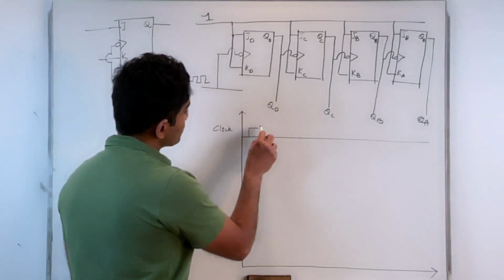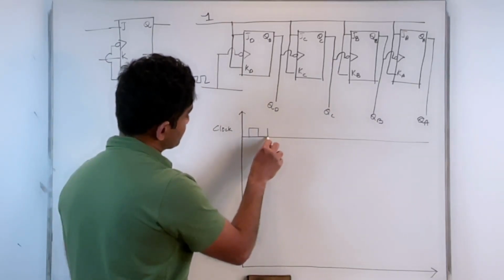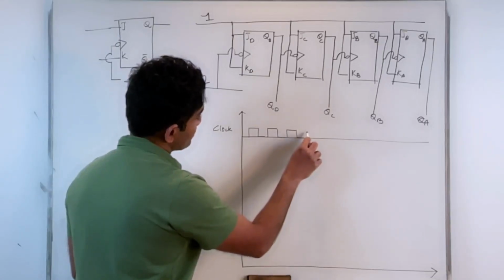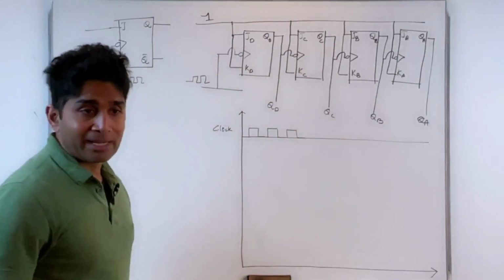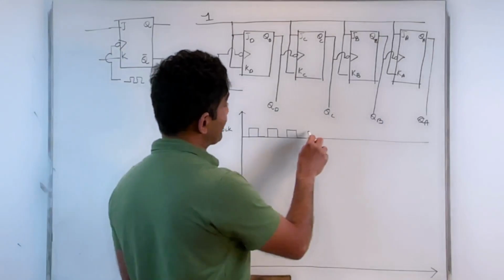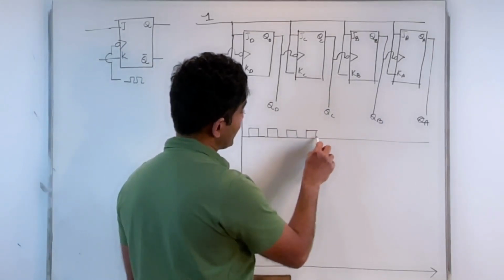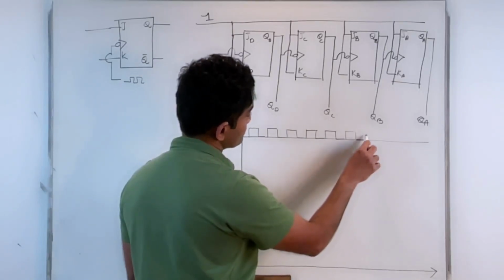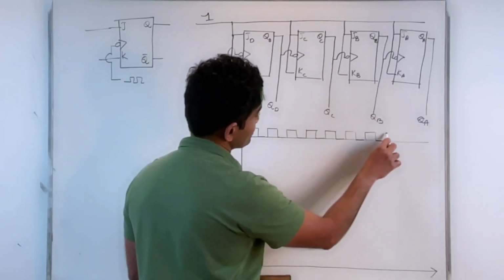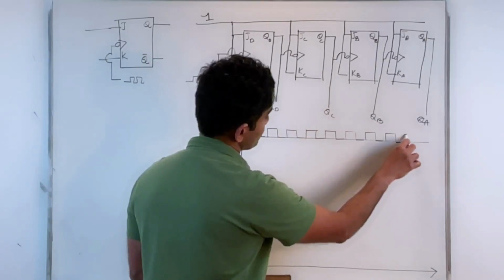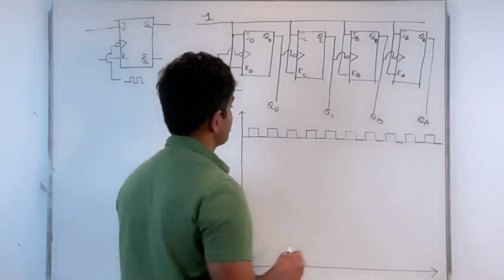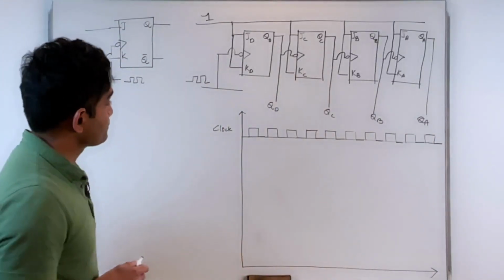So I start with this clock, the master clock. Identify the active edges. That's the next step when you're drawing the timing information. In this case, obviously, because these are all negative edge triggered flip-flops, I would identify the negative edges as my active edges or my triggering instances. So that's my master clock.